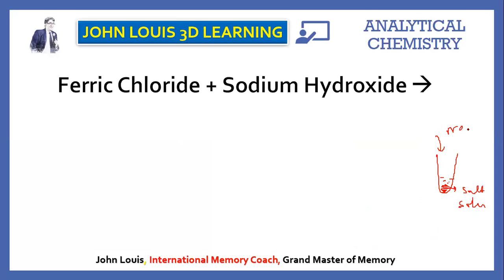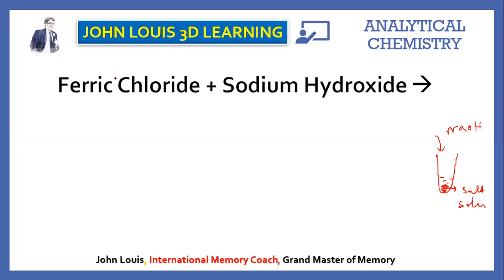You need to add sodium hydroxide. Okay, can anyone tell me what is the answer you get? Sanjay, can you tell me the answer? Nobody. So ferric hydroxide plus sodium chloride.